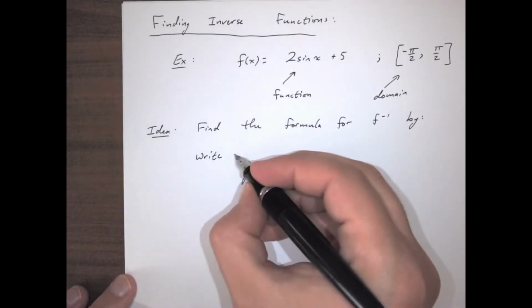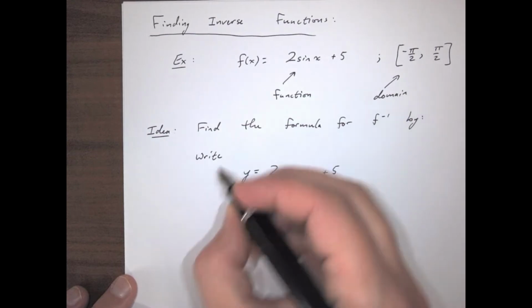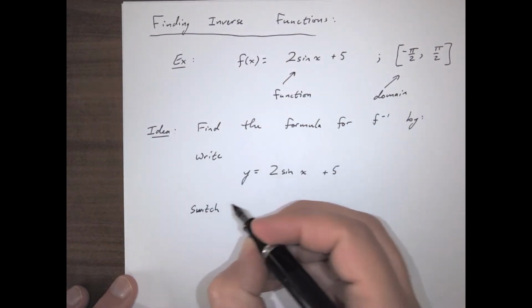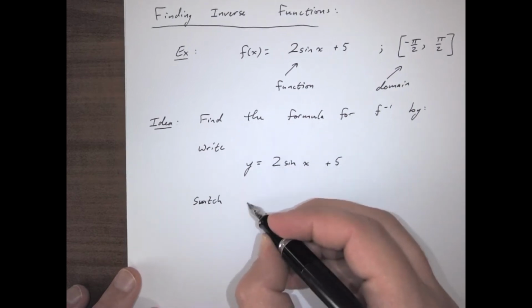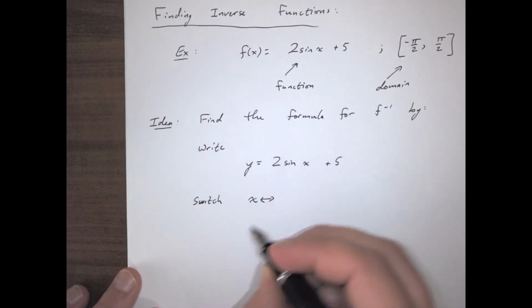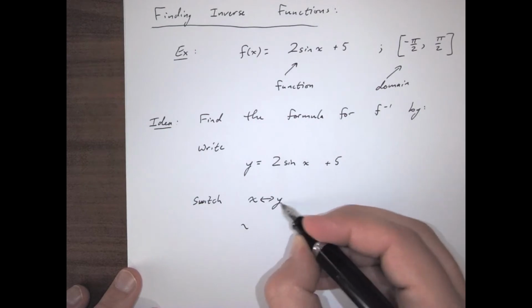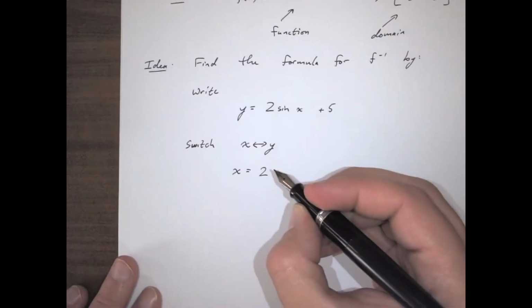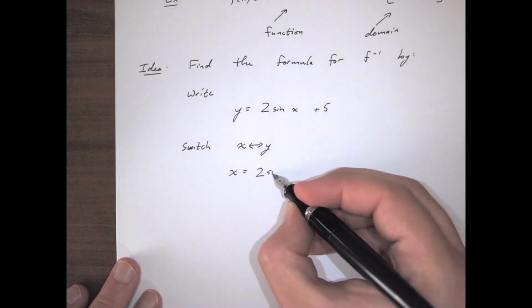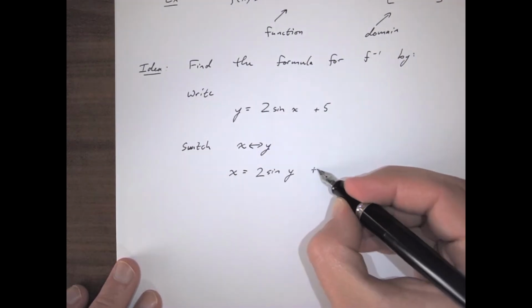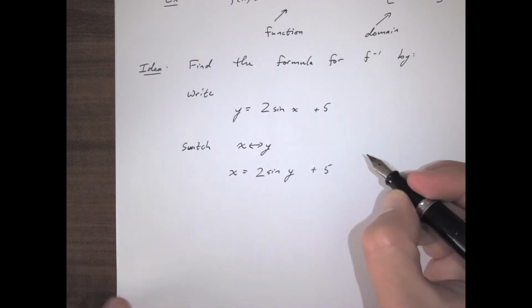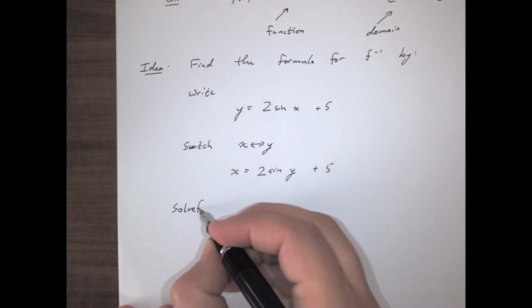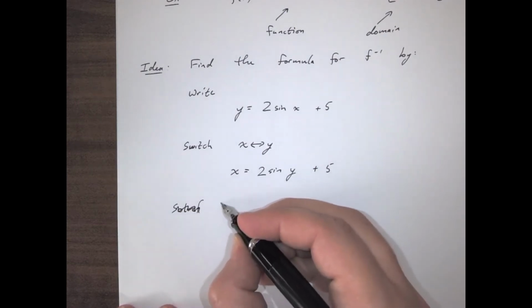Then switch x with y and y with x. So that means x equals 2 sine y plus 5. And then solve for y.